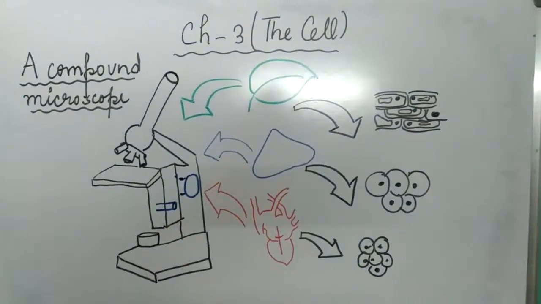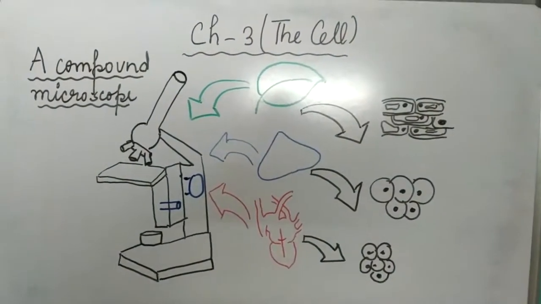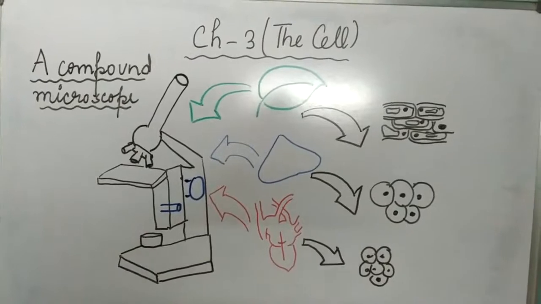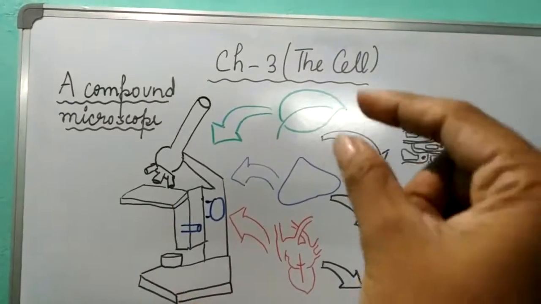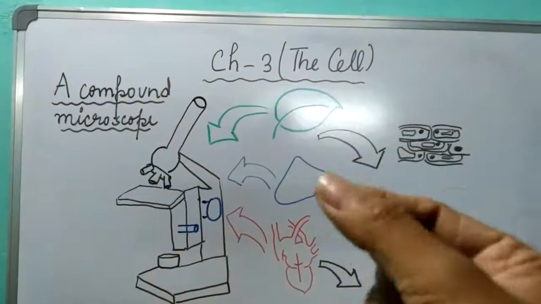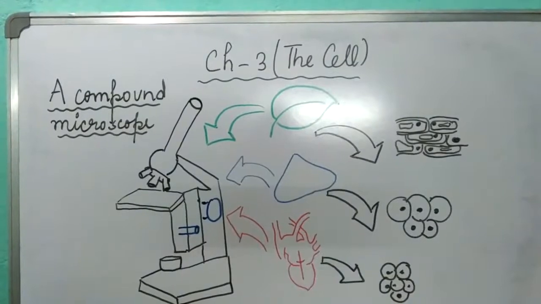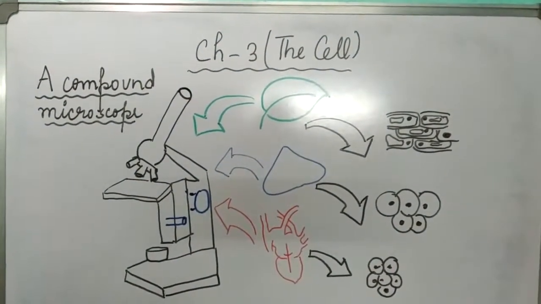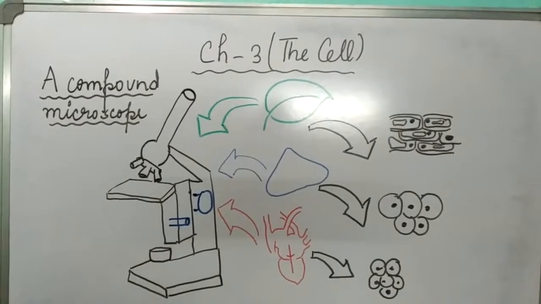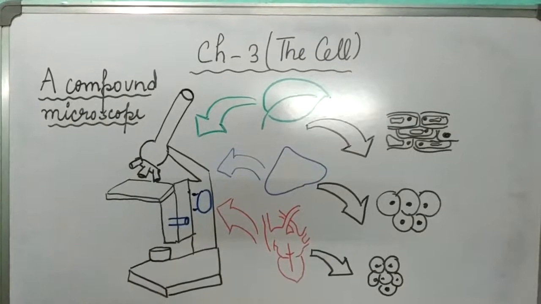This particular stand is known as the stage, where I will scrape off a little portion from these organs, like the leaf of a plant, the liver of an animal, and the heart of again an animal, and one by one I will be keeping those on this stage.